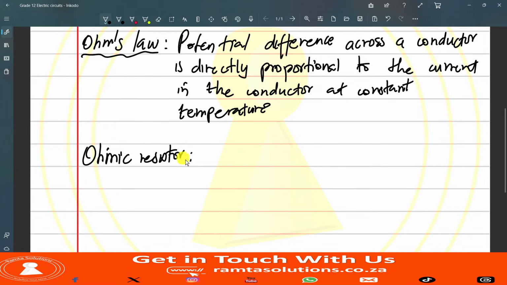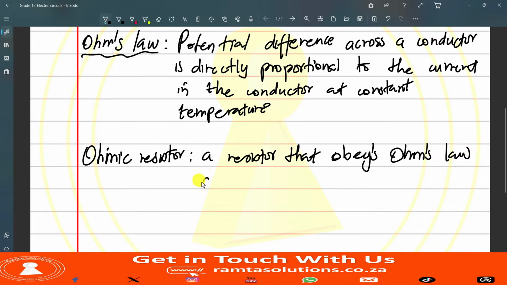An ohmic resistor is a resistor that obeys Ohm's law at constant temperature. Whether they say ohmic conductor or ohmic resistor, it's a resistor that obeys Ohm's law at constant temperature.